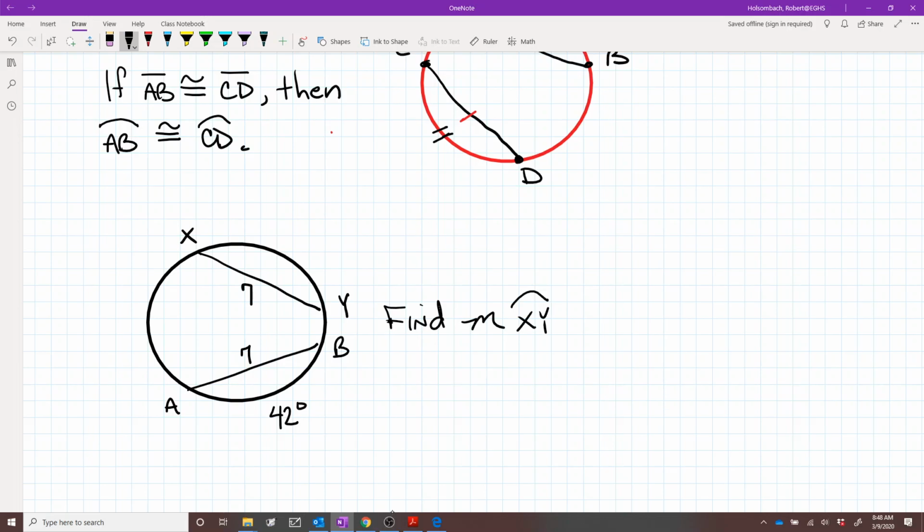Well, you've got chord XY congruent to chord AB. And if arc AB is 42 degrees, well then arc XY is also 42 degrees. So there it is, 42 degrees. Any questions on that?